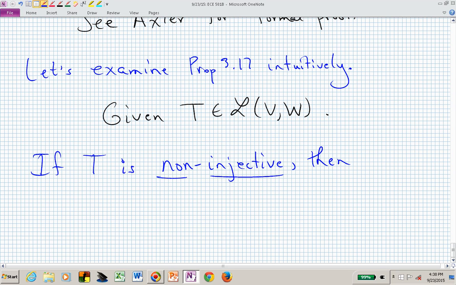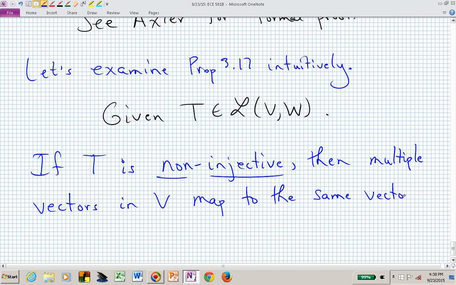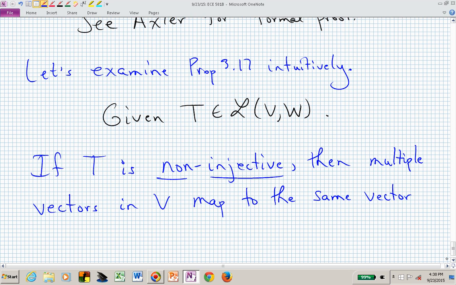If T is non-injective, then multiple vectors in our domain, or in the vector space V, map to the same vector in W.